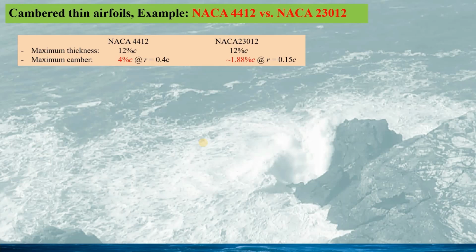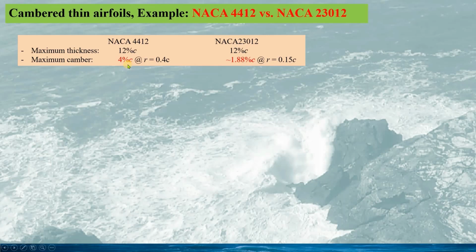Now, in the next few slides, two airfoils will be studied. These are two famous cambered NACA airfoils, namely NACA 4412 and NACA 23012. Both have the same maximum thickness, 12%, but with very different camber lines.